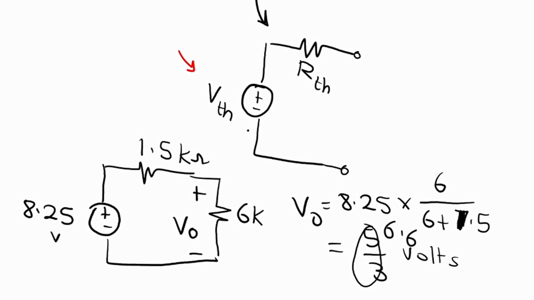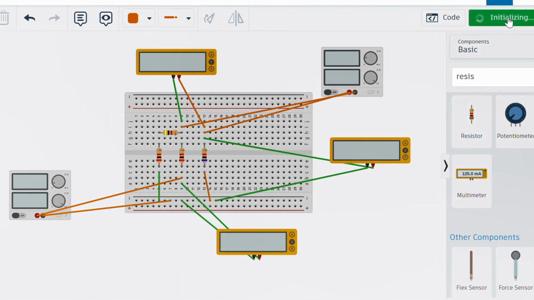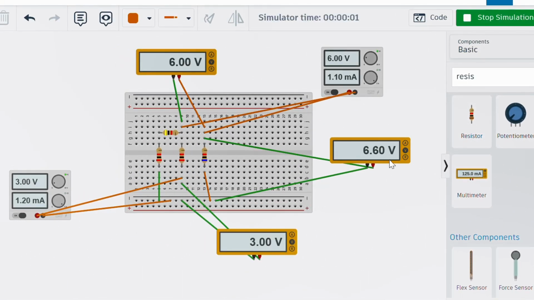I just made a mistake in applying the voltage division, and as you can see, we got 6.6, which is the same value we got from the simulator. Here, 6.6, the value of the voltage across the load resistor or the 6K resistor.